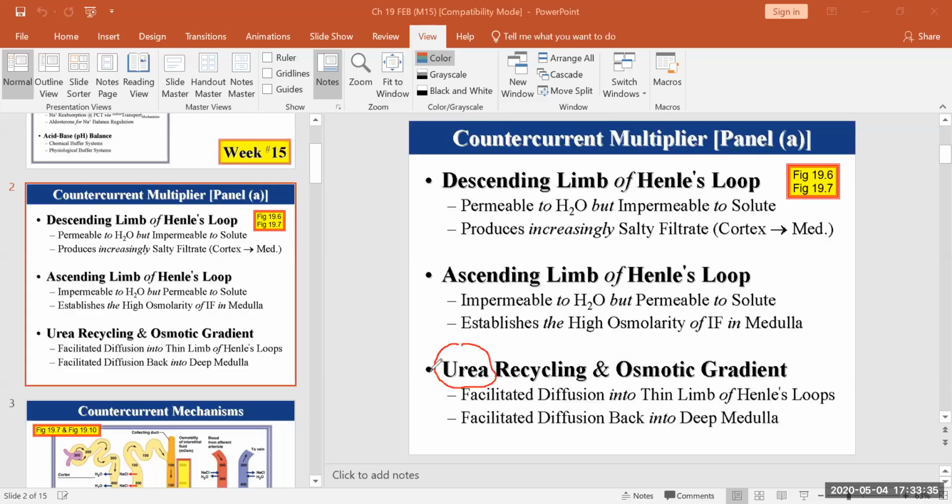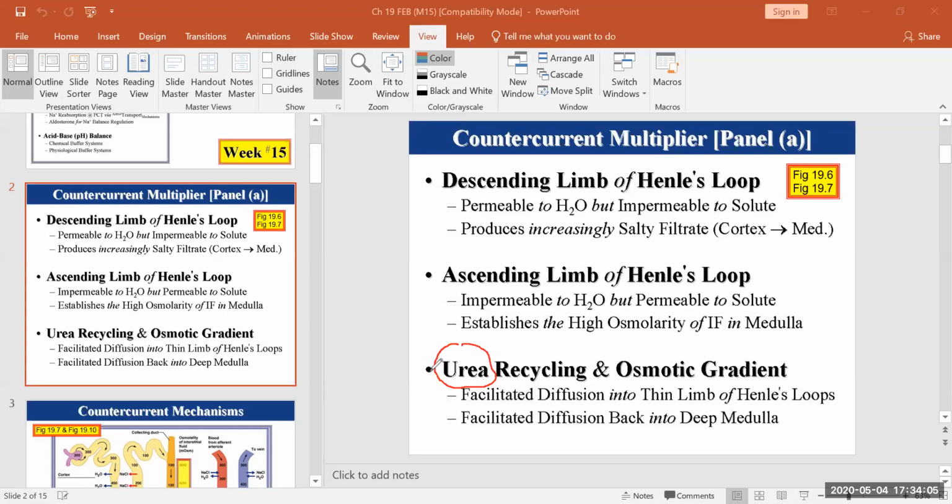So we basically excrete waste product coming from protein breakdown in the form of urea. But we don't excrete 100% urea. We only excrete 40%. We reclaim 60% of the urea because that urea helps to maintain this osmotic gradient along the renal medulla.